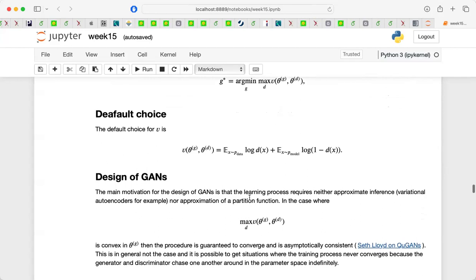So the main motivation for the design of GAN is that the learning process requires neither approximations, like we had with the variational autoencoders, nor approximations of a partition function, which we again used, if you think back in the discussions of both restricted Boltzmann machines and variational autoencoders.